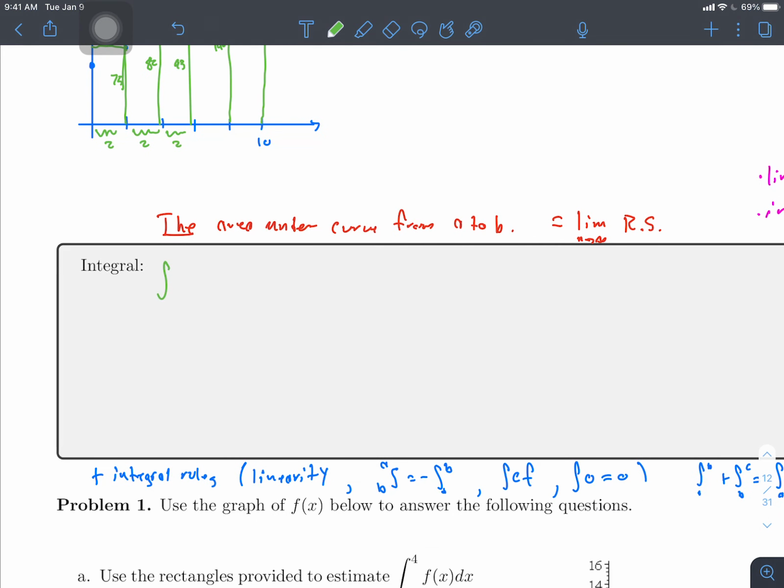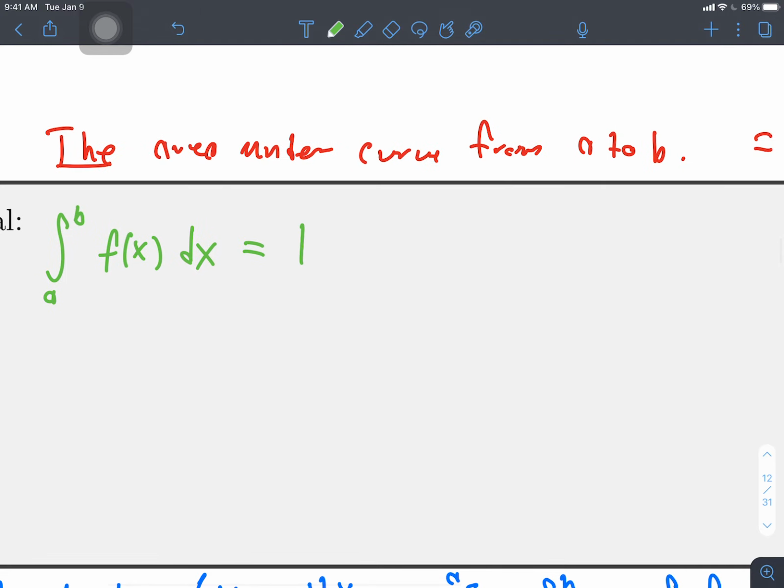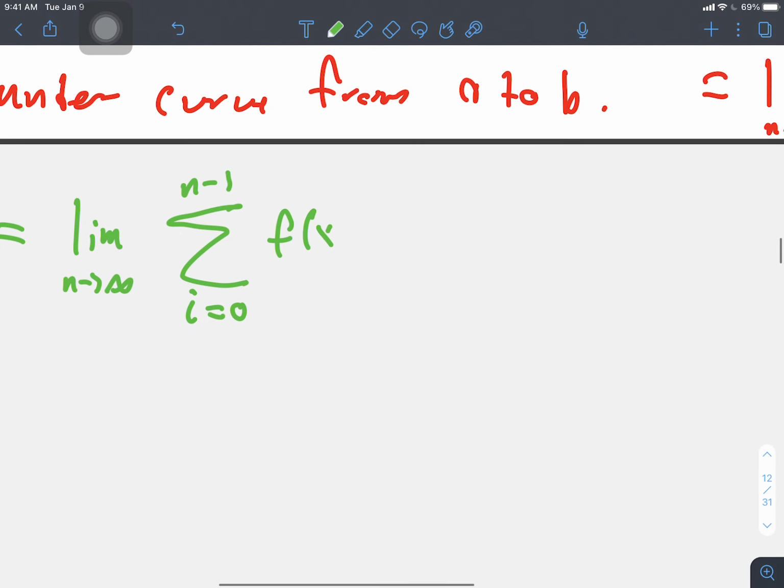We call the integral from a to b of f of x dx. We define this to be the limit as n goes to infinity of the sum from i equals 0 to n minus 1 of f of x plus i times delta x, times delta x.